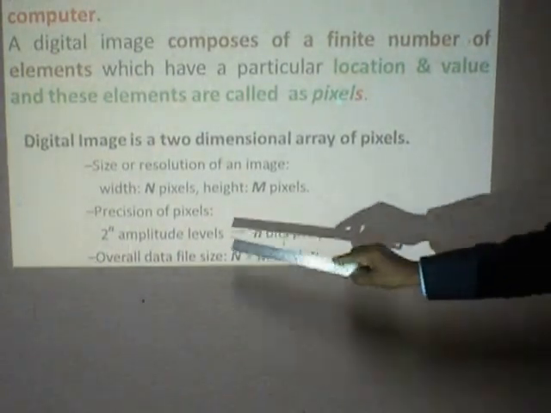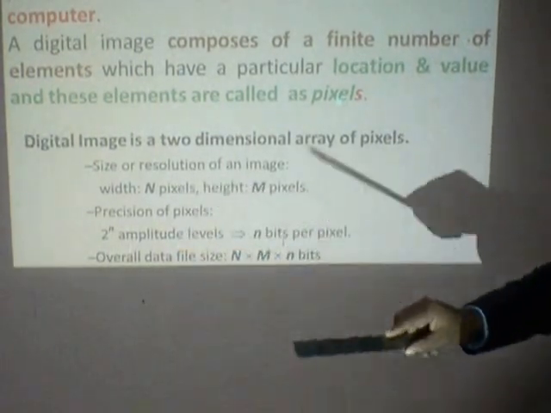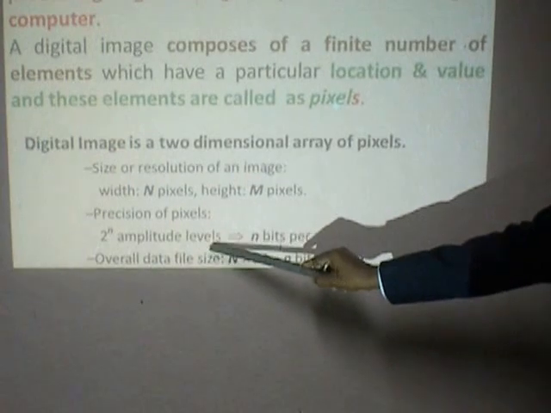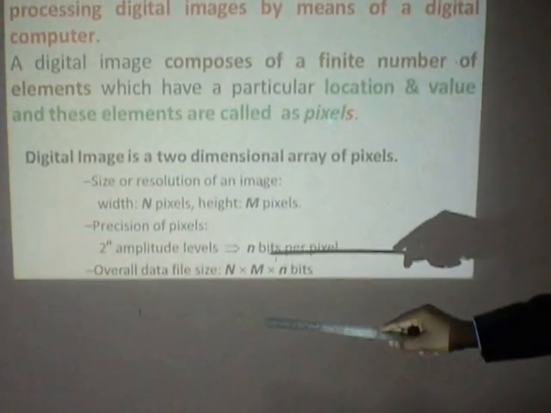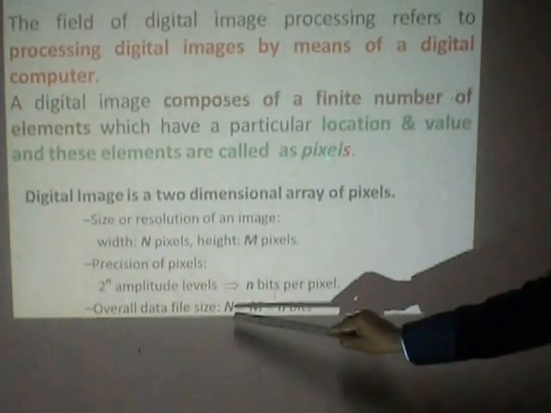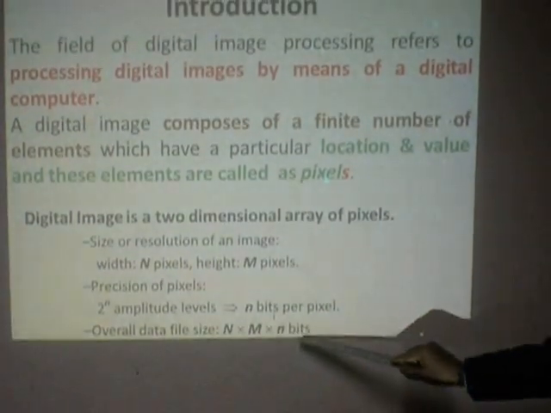Also, the other parameter is the precision of pixels, given by 2 power n amplitude levels, where n is the bits per pixel. So, the overall data file size is given by n into m into small n bits.